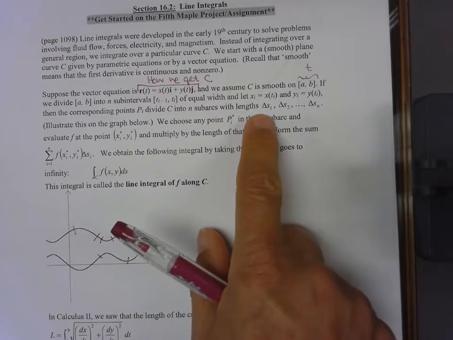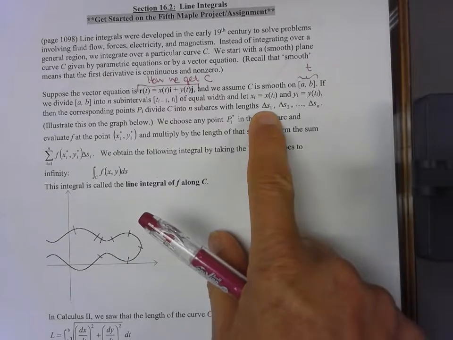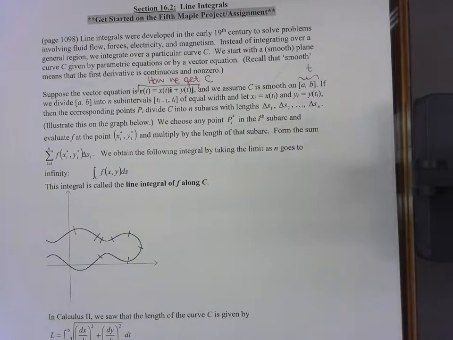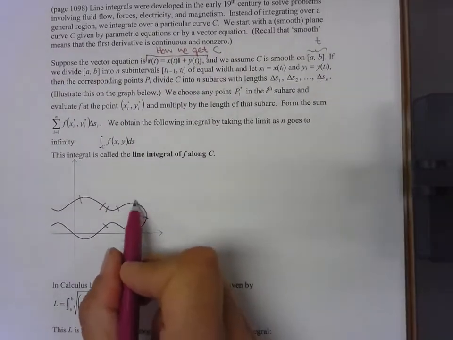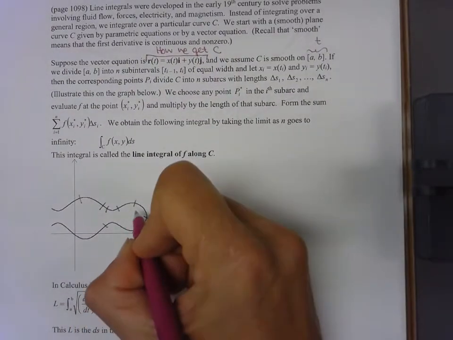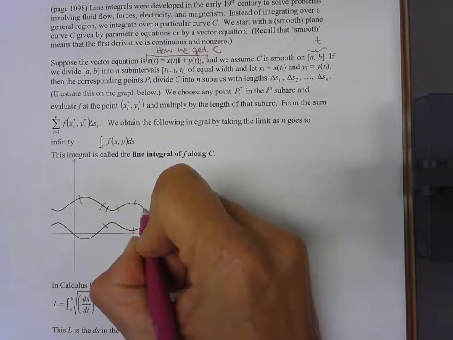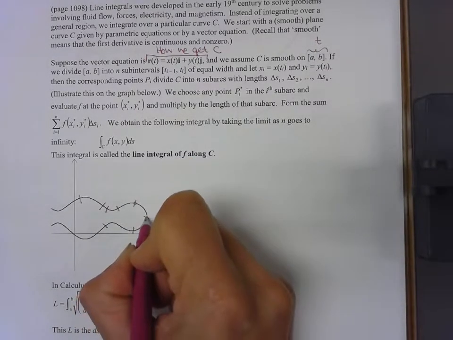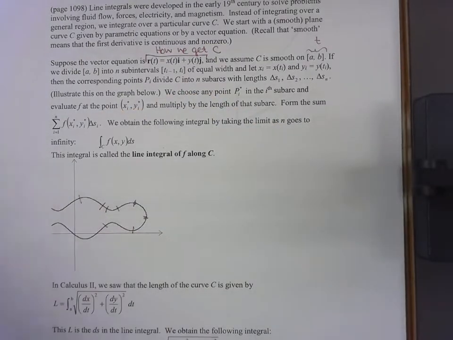And what we want to do is approximate the arc length of each segment. I'm just going to focus on this one right here. I want to approximate that length, and the easiest way to do it is to just approximate it with a line segment.